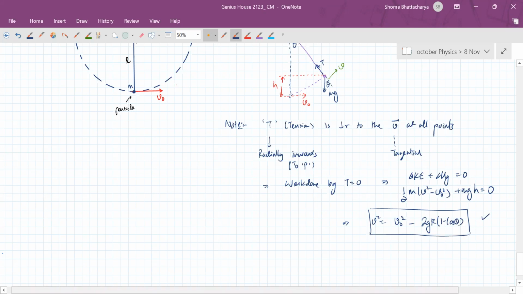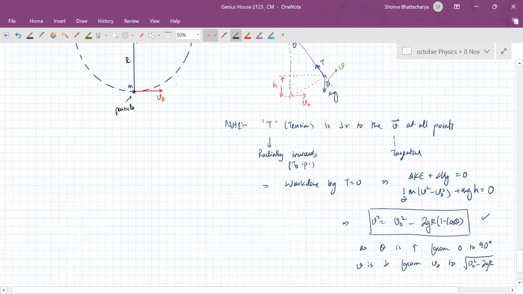So you can see that as theta is increasing from 0 to 90 degrees, v is decreasing from v naught to square root of v naught square minus 2gr.